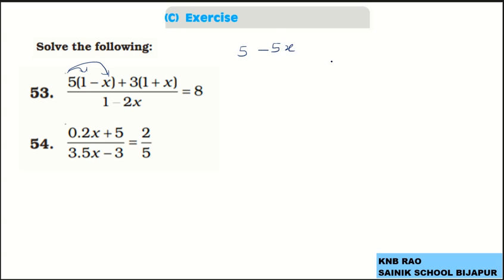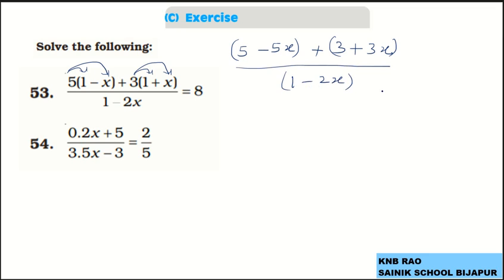So this is one of the product, plus 3 into 1 gives me 3, and 3 into plus x is 3x. So, this is another product upon 1 minus 2x. So, this is a binomial I kept within parenthesis equals to 8.